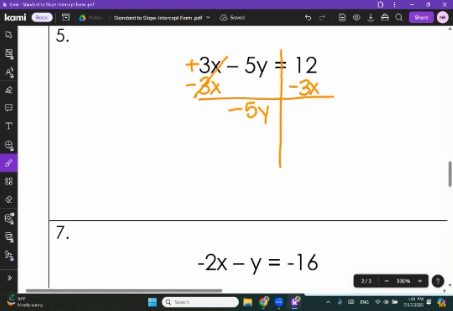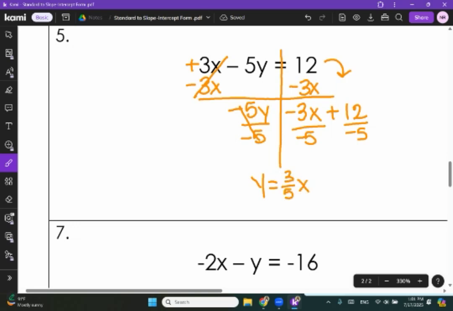You move the x, divide by the coefficient of y. That 12 is positive. I connect it with the plus sign. Last step is to divide. So you get y equals 3 over 5x, and then 12 divided by -5.